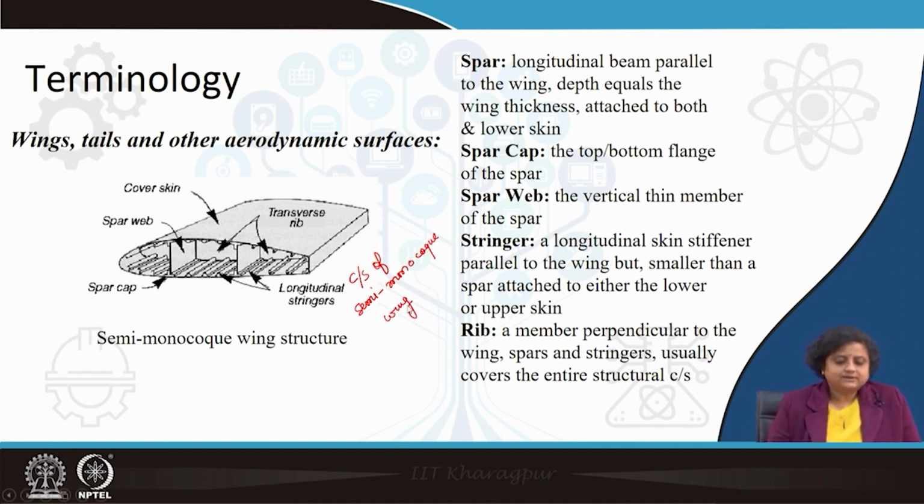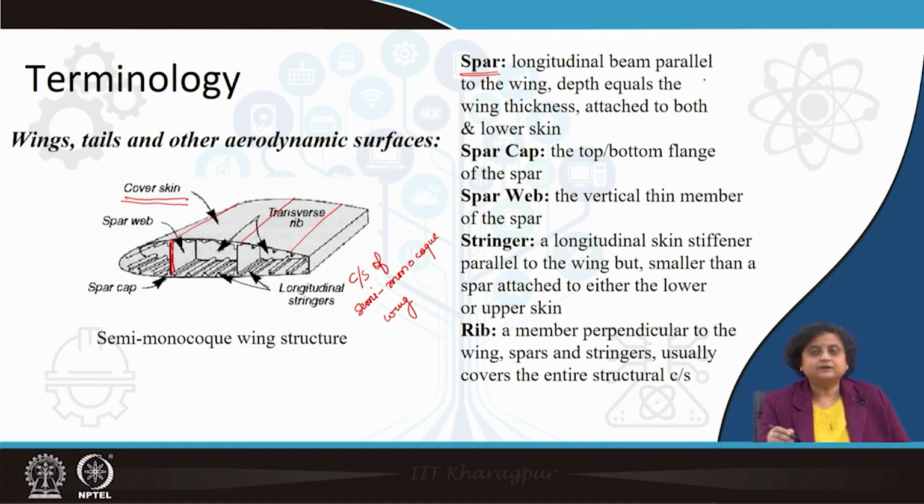As you can see, there is a cover skin which is made out of a metal sheet, and if you look into the cross section, you will see this thick longitudinal member. These longitudinal members run through the entire length of the wing. These thicker ones are called the spars.